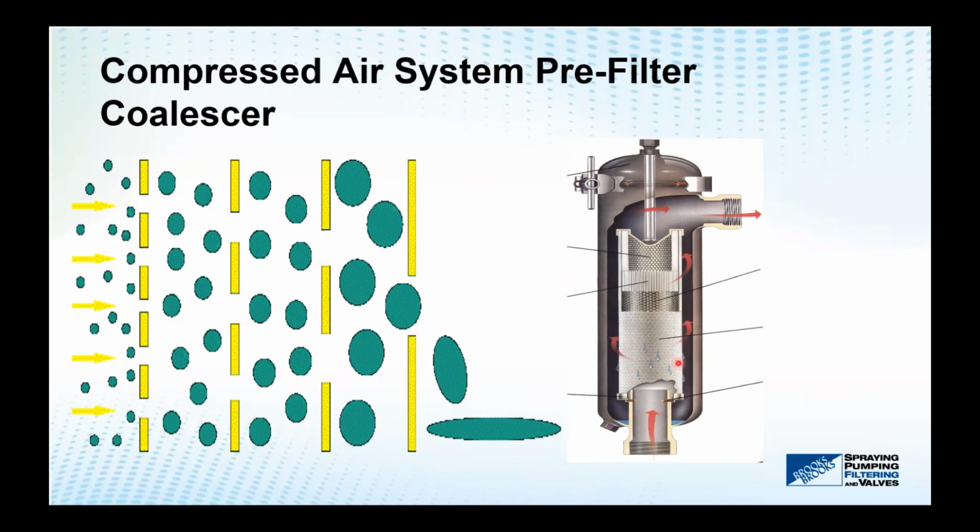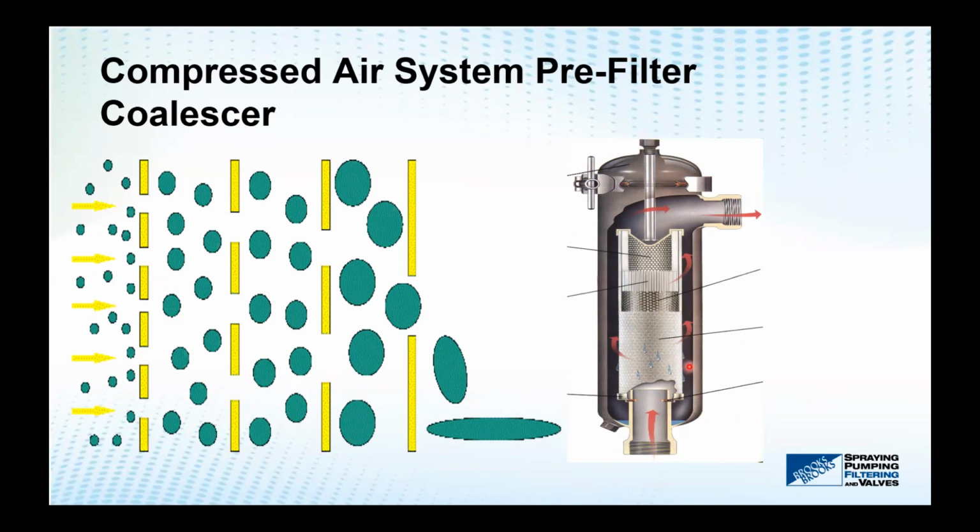The only other point to look at with a coalescing filter is coalescing filter ratings. I like to see a coalescing filter that's rated based on its ability to remove liquids. If you come in with 20 parts per million, the ones that SPX makes will deliver 0.001 parts per million, which is quite a significant drop.